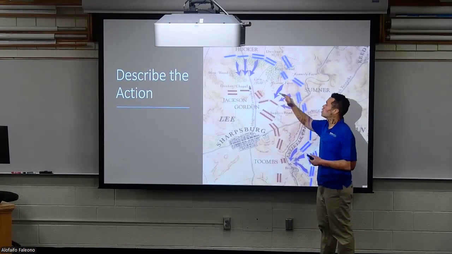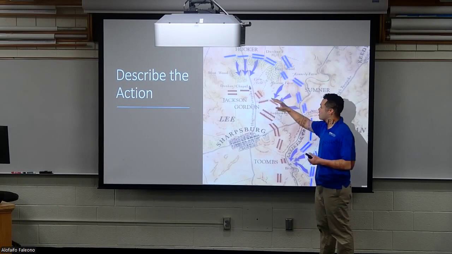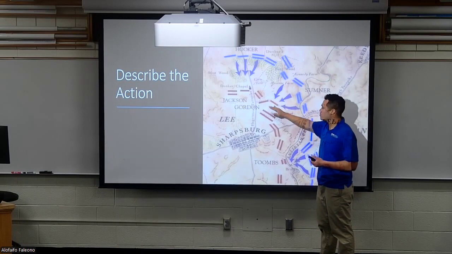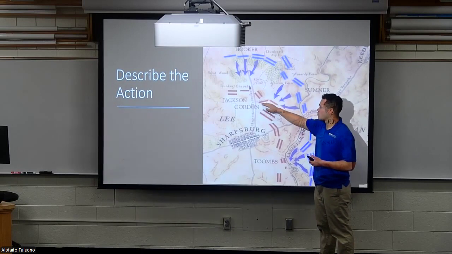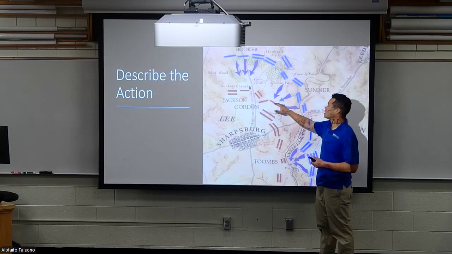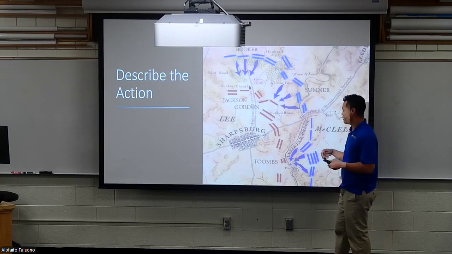However, like we mentioned, the Confederates are outnumbered by the Union. Eventually, they push through. However, they've lost so many people that they just stop after they push through what's called Bloody Lane, and you'll see why it's called Bloody Lane, because of the amount of casualties that they take. After days of fighting, they lose a lot of people on both sides.